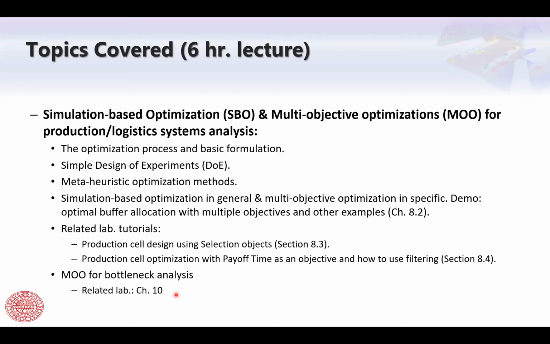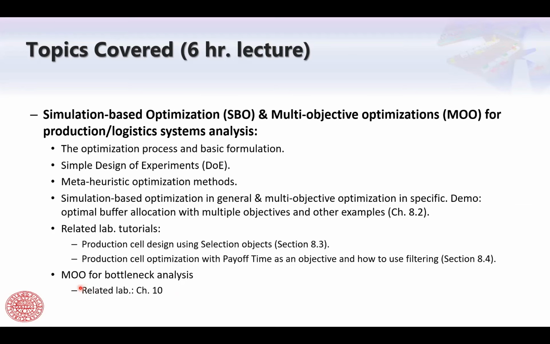And finally, next Thursday, when we meet again for the last 2 hours, I'm going to tell you a topic that, to me, is quite exciting: how multi-objective optimization is connected to bottleneck analysis. Of course, you know bottleneck analysis is something important to understand if you are an industrial engineer, if you are doing something related to production, logistics, or supply chain.